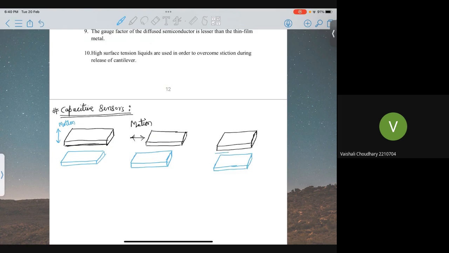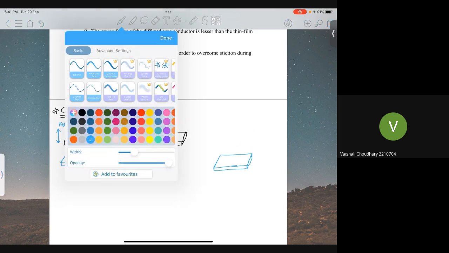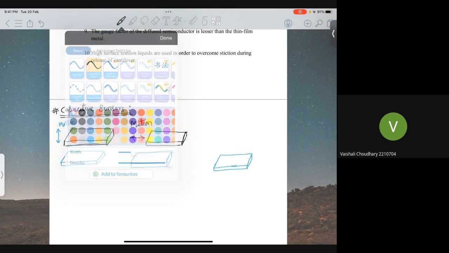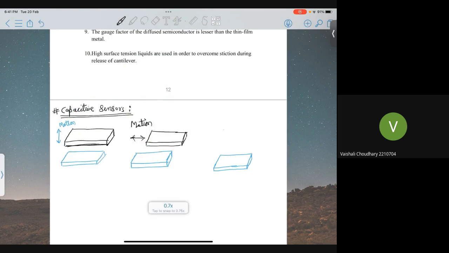Now, in third case, what will be changed? So in third case, dielectric will move. This is dielectric.